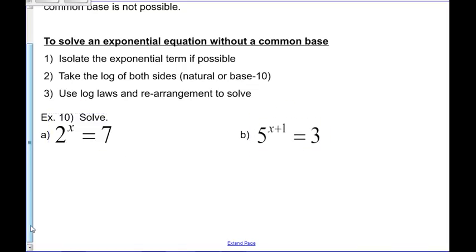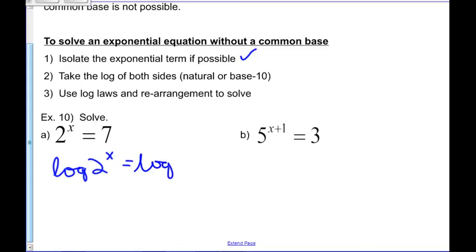So this is the basics right here. 2 to the x equals 7. I can do anything to an equation as long as I do the same thing to both sides. Isolate the exponential term. Done. 2 to the x is on its own. Take the log of both sides. I'll take log base 10 because I feel like it.